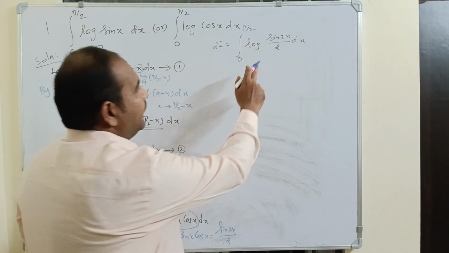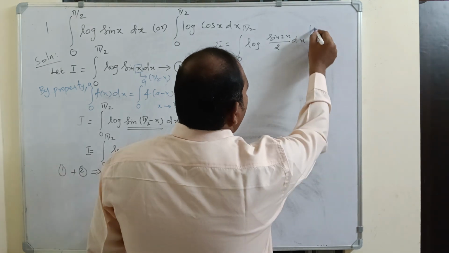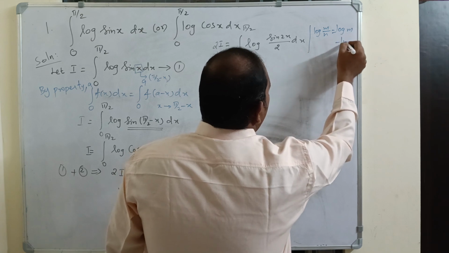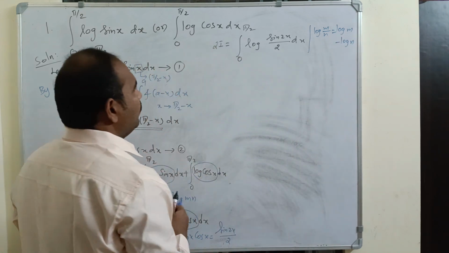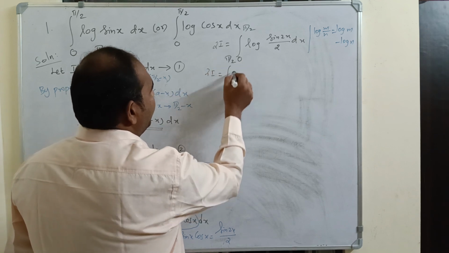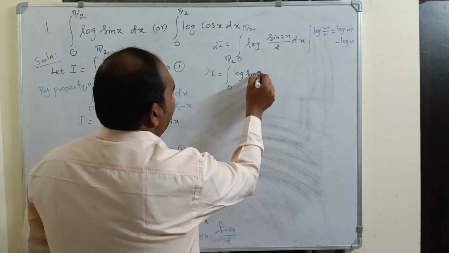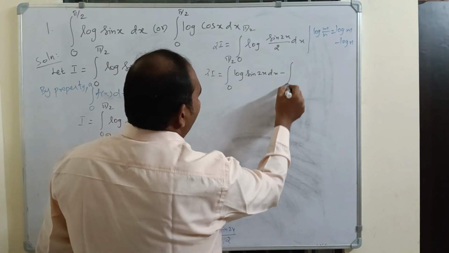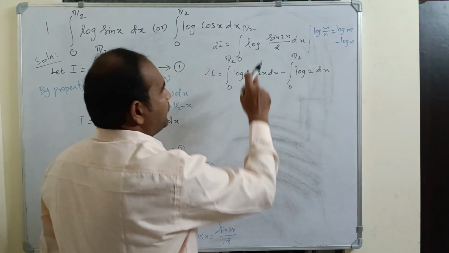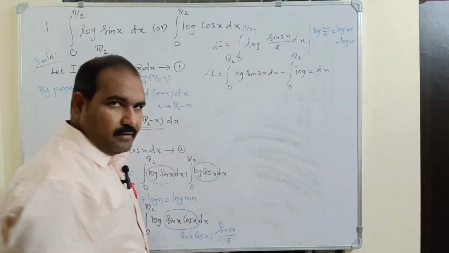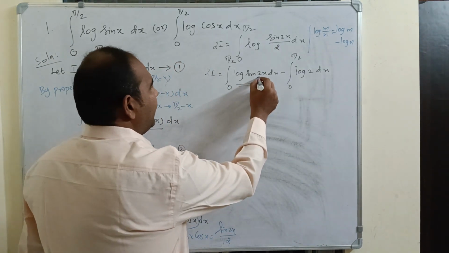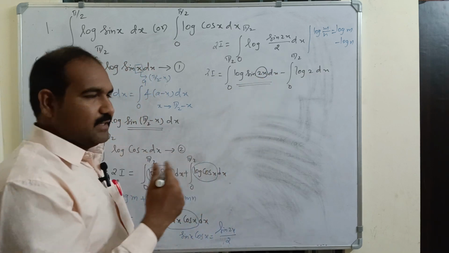Again, here we are going to apply log m by n is equal to log m minus log n. So now this integral 2I can be written as integral 0 to pi by 2 log of sin 2x dx minus integral 0 to pi by 2 log 2 dx. Now we are going to substitute 2x as t.